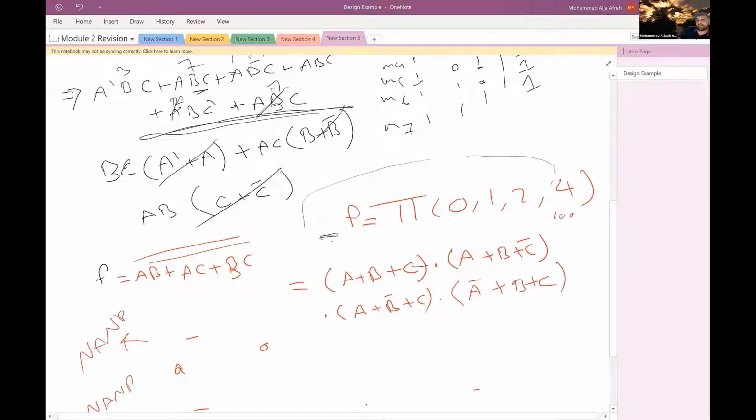So that is the product of sum for this one. If you want to simplify it, at the end of the day it will be close to what we got there. So F will be equal to, instead of having AB, A plus B and A plus C as well as BC.